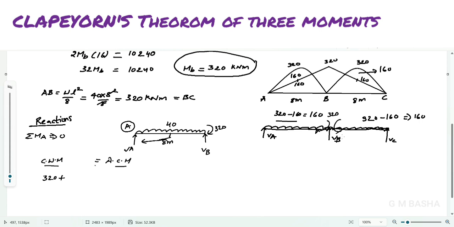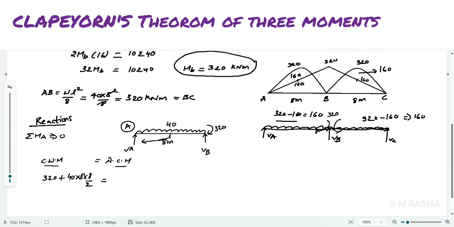W into L into L by 2, that is 40 into 8 into 8 by 2. Okay, and again what about the anti-clockwise moments?